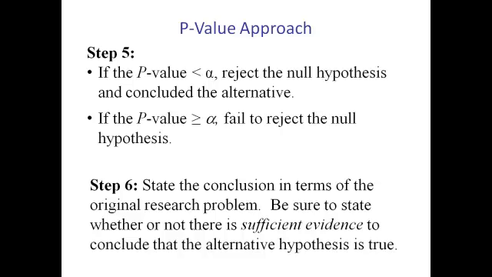And finally, in step 6, we state the conclusion in terms of the original research problem. We want to be sure to state whether or not there is sufficient evidence to conclude that the alternative hypothesis is true. Now, in our next video, we'll pull up an example and we'll run the hypothesis test.